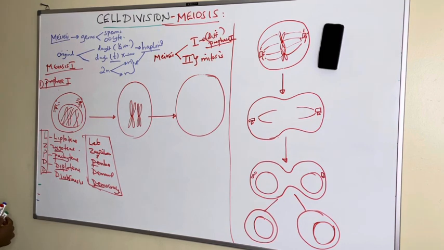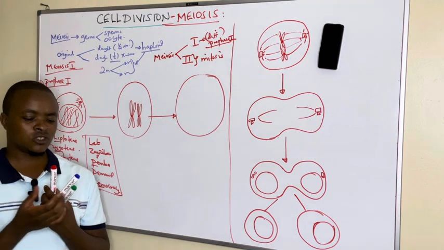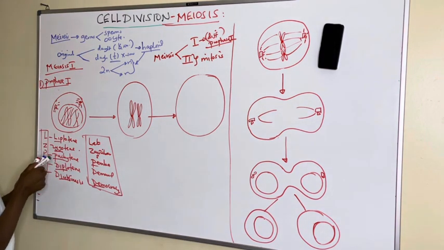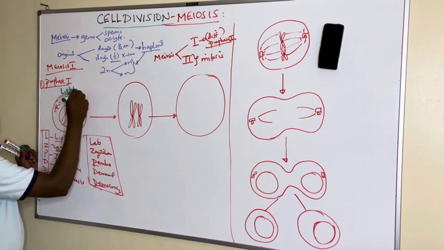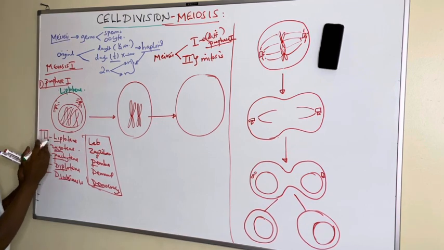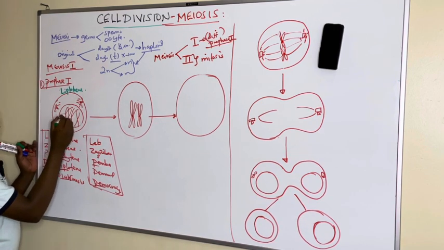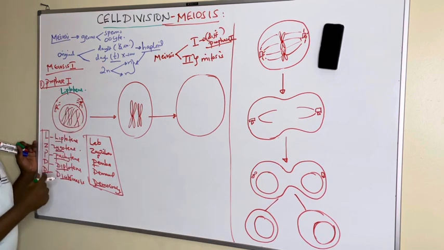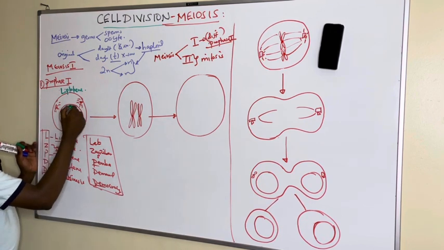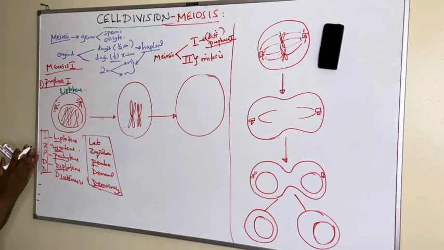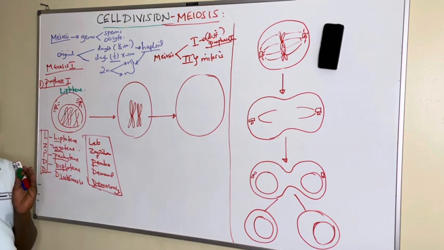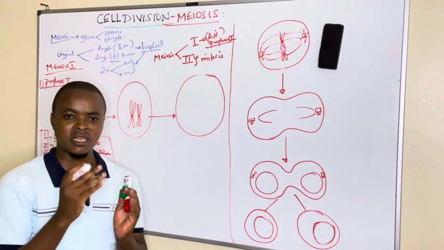And during leptotene, lepto means thread-like or thin. So during the leptotene stage of meiosis 1, in the cell, the chromosomes are thread-like, or thin. So it is formed of thin thread-like chromosomes, and these chromosomes are long and thread-like. So that is majorly what we see under leptotene, meaning thread-like.